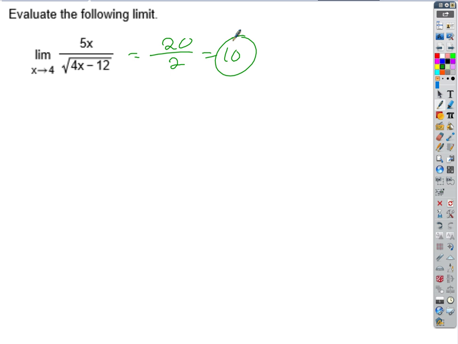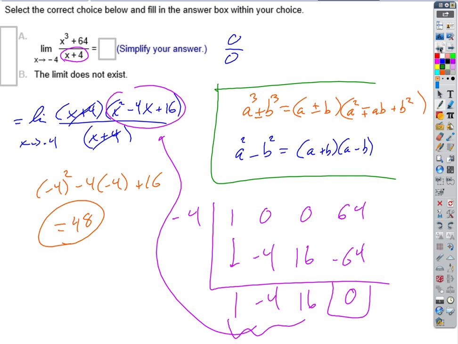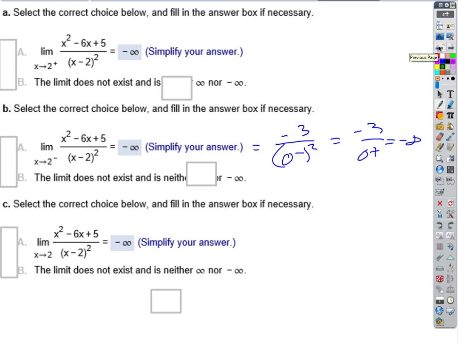If you go way back to the start of the year, think what we talked about: when you evaluate limits, you're always going to try to evaluate directly. Three possible things could happen. You're going to get a number, done. You get a number divided by 0, which means it's infinite. At the time, we just said no limit. Now we can go a step further. If it's a number divided by 0, we could ask what happens if we approach that value from the left and the right?